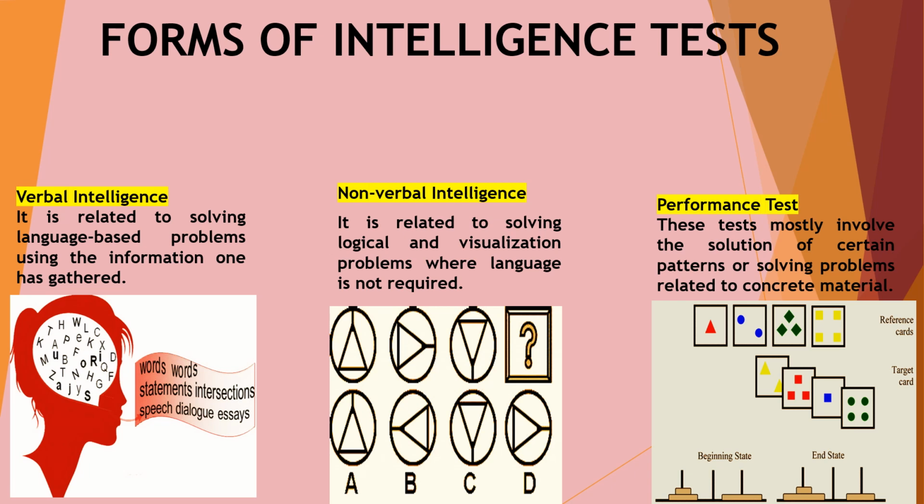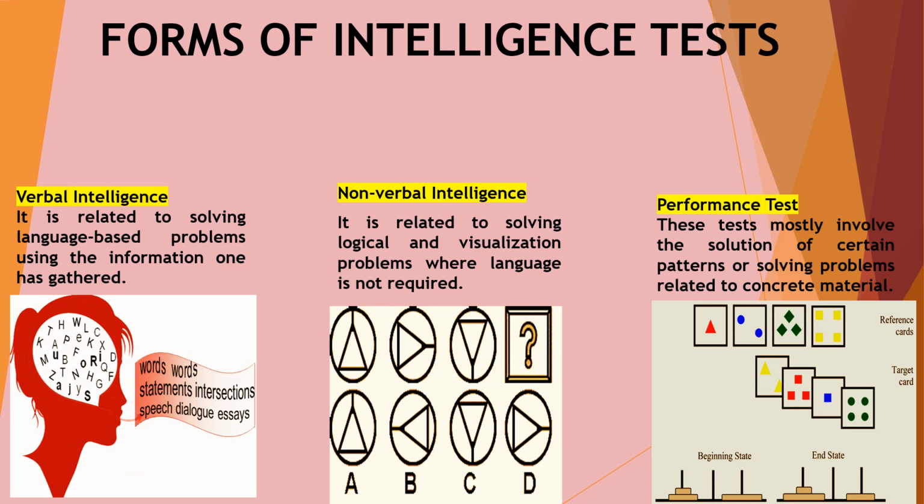Next is non-verbal intelligence. It is related to solving logical and visualization problems where language is not required. So verbal intelligence is a language-based assessment, and in non-verbal, language is not required. It includes pattern recognition. This includes questions that require an individual to identify patterns in visual stimuli, such as shapes or colors.